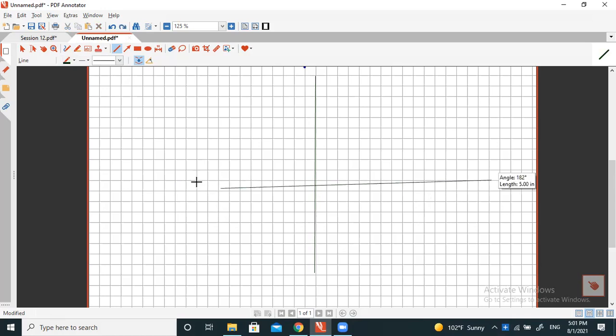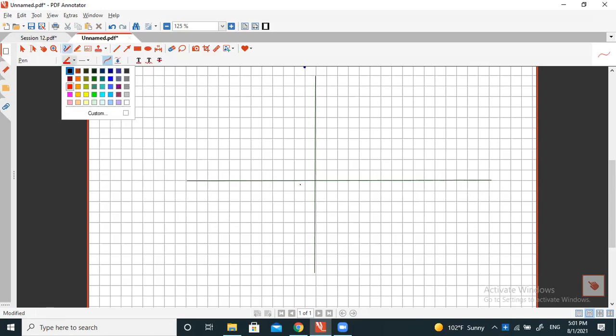Use the ruler. And then you write down the numbers.